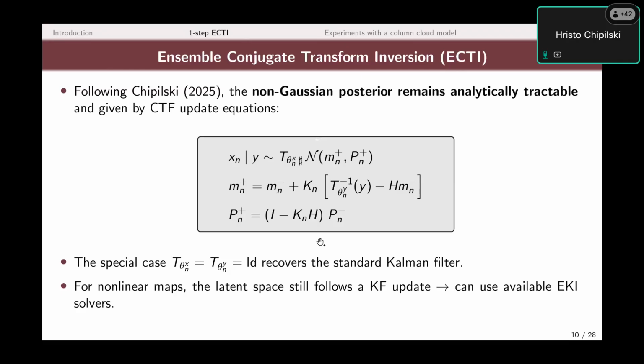In the special case where all the transports are identity, we recover the standard Kalman filter. And in nonlinear cases, we still preserve the Kalman filter structure in the latent space, which is important as it allows us to use efficient EKI methods to update these latent parameters.